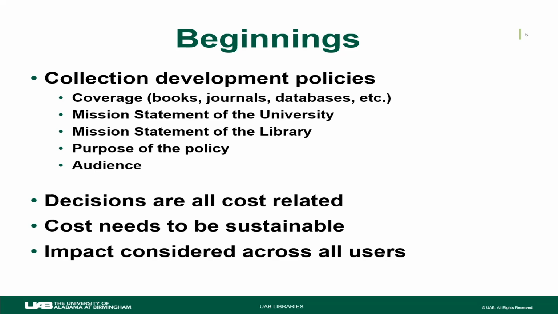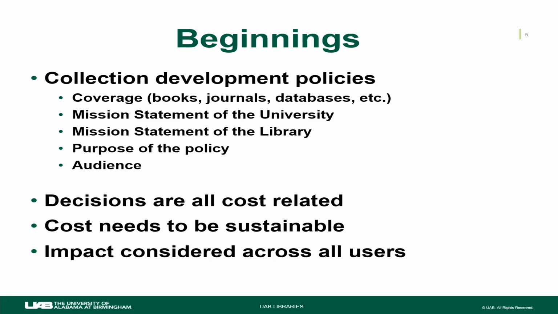When we look at this, we talk about all the decisions about, oh, well, now that means I've got a policy in place, I can do this. Well, that's fine. But what you have to remember is anytime you put anything in place, whether it's a collection development policy, a discussion about a textbook, purchasing, supporting curriculum, or your research initiatives, every decision, every statement is related to a cost.